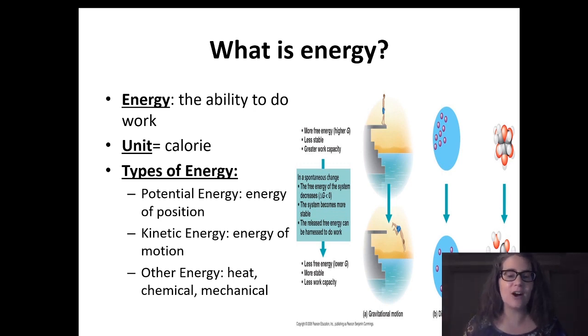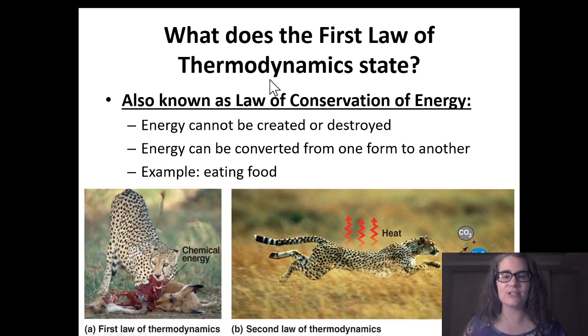There are 2 big laws that govern how energy behaves in and around cells, and they govern not only cell energy, but also the energy of the world around us. So the first one is known as the law of conservation of energy, or the first law of thermodynamics. It states that energy cannot be created or destroyed, but it can be converted from one form to another.